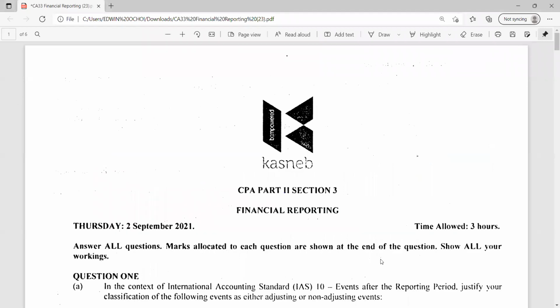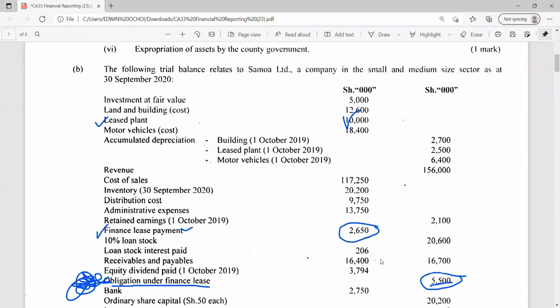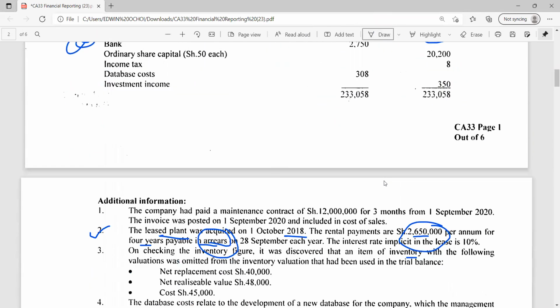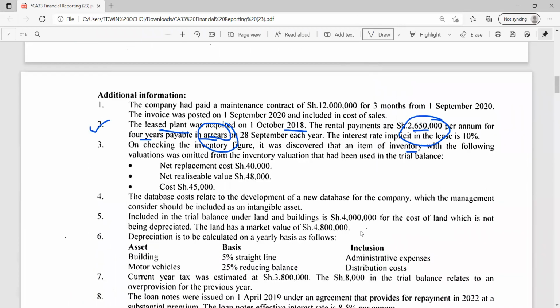Remember, whoever has not seen where I got 8,600 from: the total amount for land and building here is 12,600, but in the additional information you were told that the cost of the land was 4 million. So we deduct to get that of the building. This 4 million is here for land.